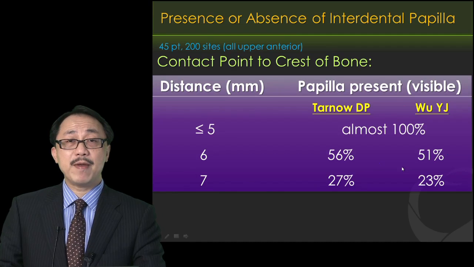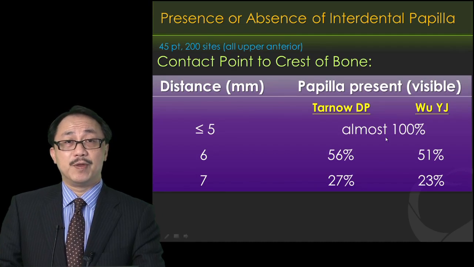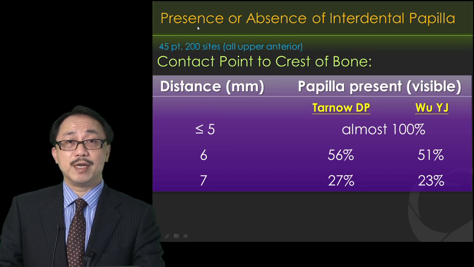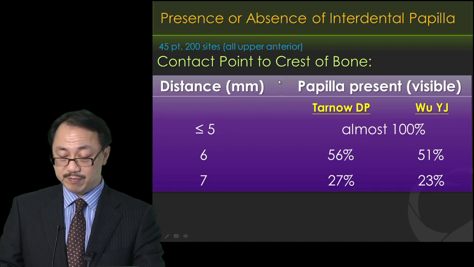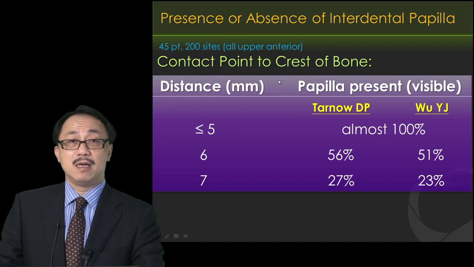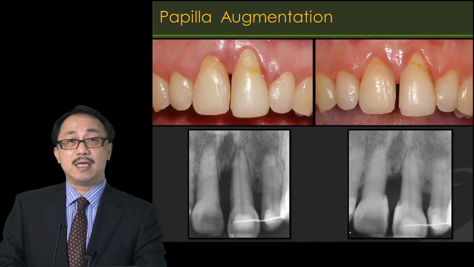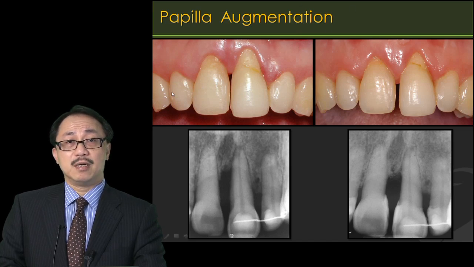So comparing these two studies, we can predict there's a 5 millimeter rule for the papilla to be present between the contact point and the crest of bone. However, in a clinical situation, when we elevate the flap in a thin periodontium, there's always a chance for future papilla loss.